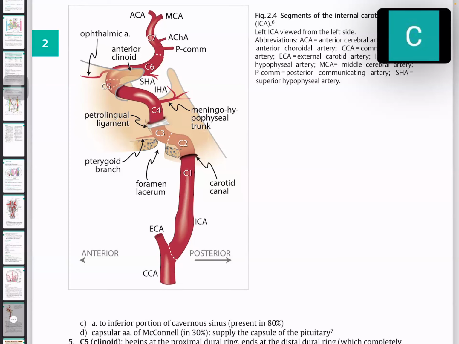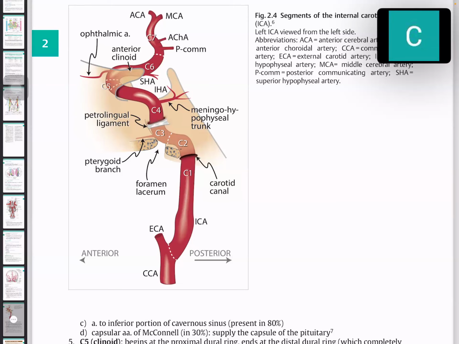At the level of the cavernous, that's at its exit from the petrolingual ligament, it forms the cavernous segment. The cavernous segment usually supplies the dura through an anastomosis with the posterior ethmoidal artery.